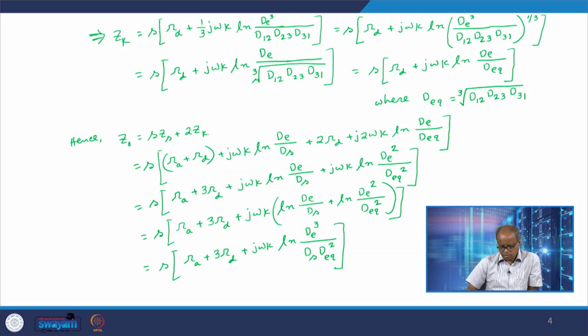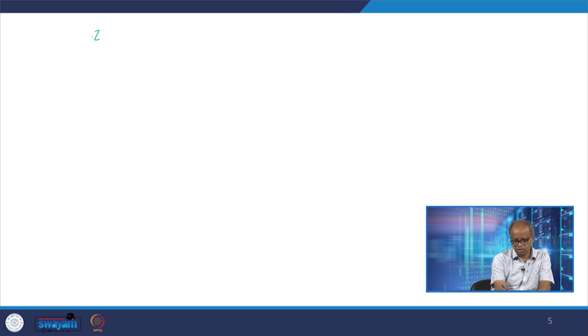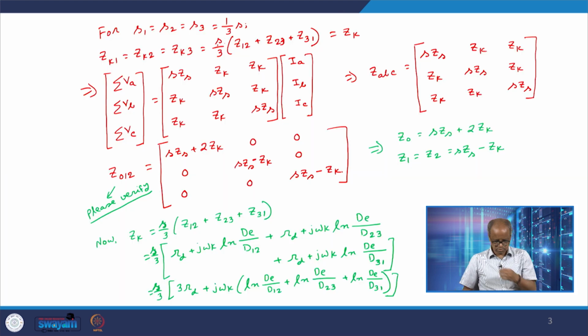Now, let us look at the expression of Z1 and Z2. Z1 is equal to Z2, that is Zs minus Zk.